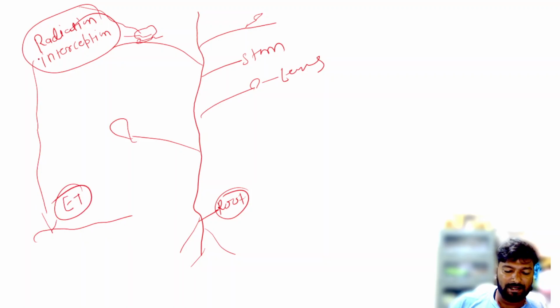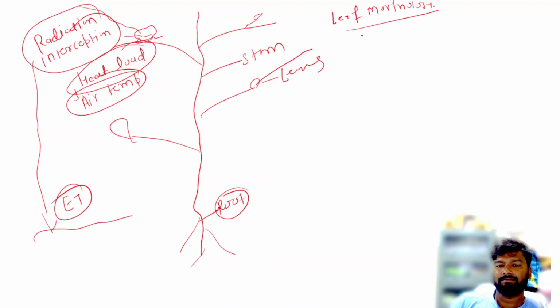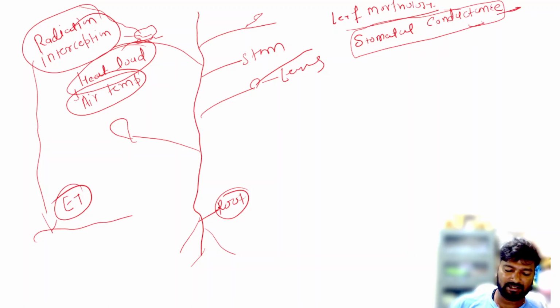Okay, then heat load, or you can say the air temperature, also affects the water use efficiency. Then leaf morphology, like stomatal conductance. Okay, so it also affects the water use efficiency, already discussed.